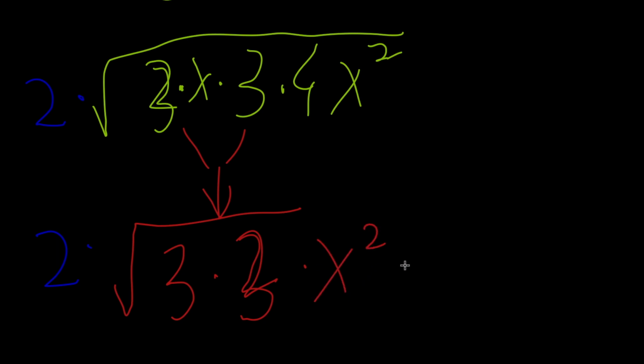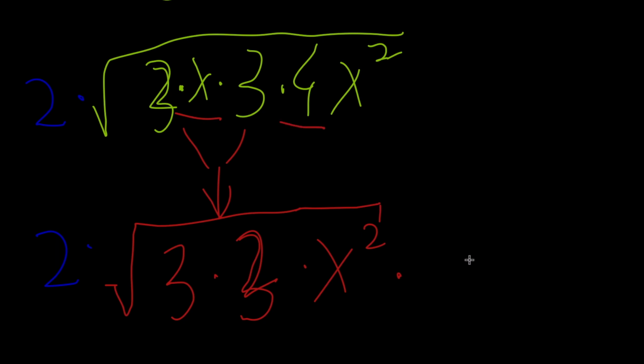And then we can write multiplied by, and this is the principal square root, the remaining ones, which are this x and this 4.